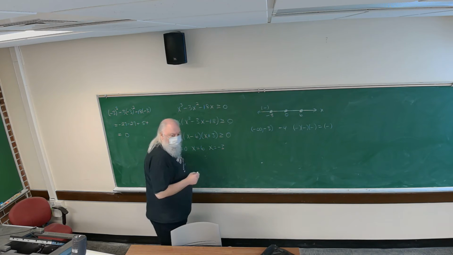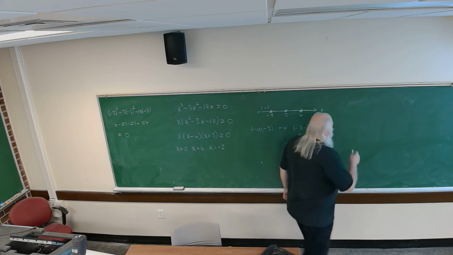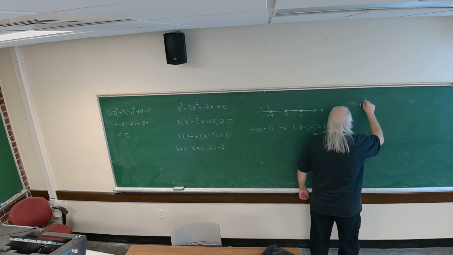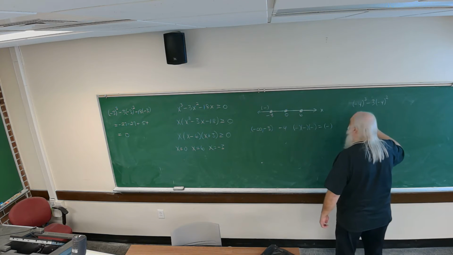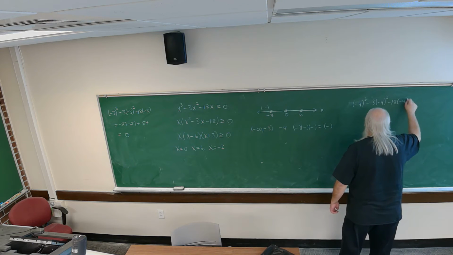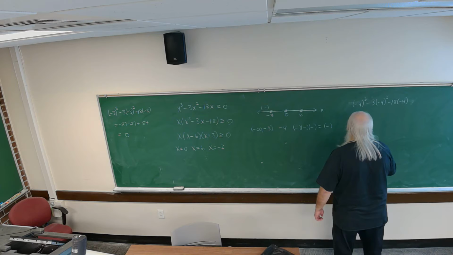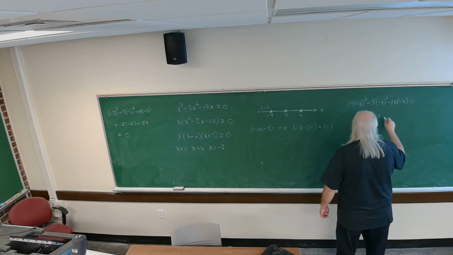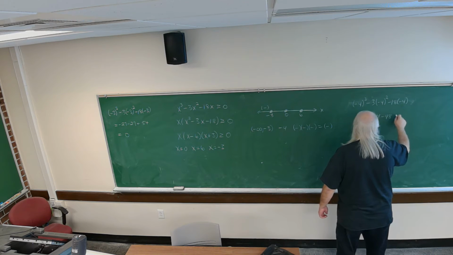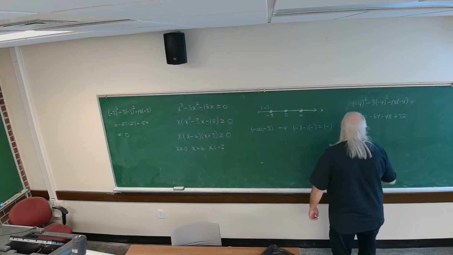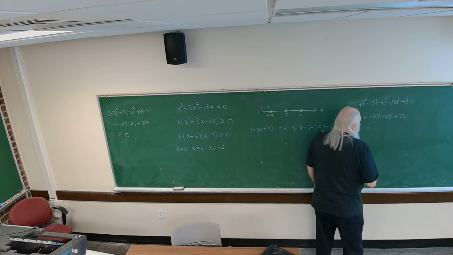No, because you'd have negative 4 cubed minus 3 times negative 4 squared minus 18 times negative 4. Negative 4 cubed is negative 64. Negative 4 squared is 16, and 16 times negative 3 is negative 48. Then negative 18 times negative 4 is plus 72. Negative 64 minus 48 is negative 112.